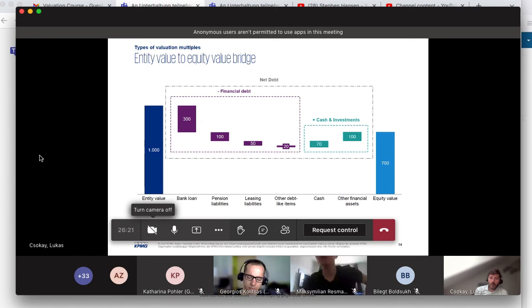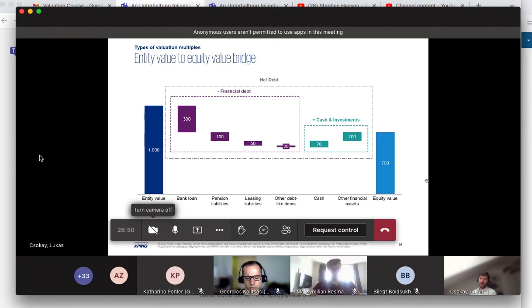If your company owns stocks in other companies, or other financial assets whatsoever, then you could also deduct that in your net debt if it's not necessary for operations. And that's basically a typical net debt bridge to go from the entity value down to your equity value.